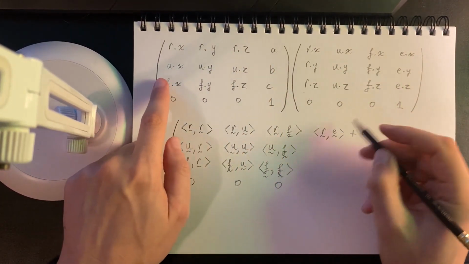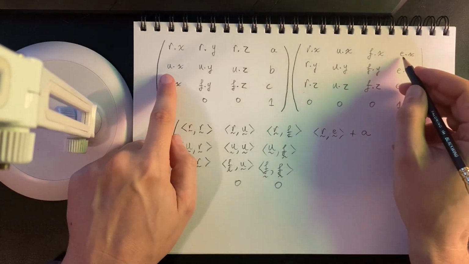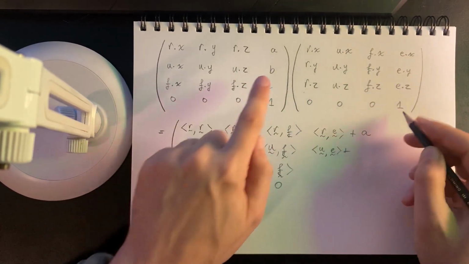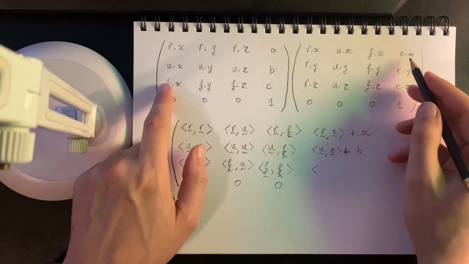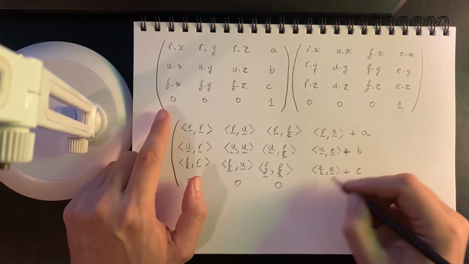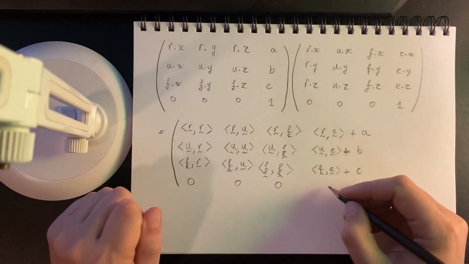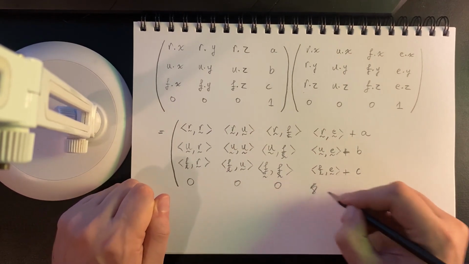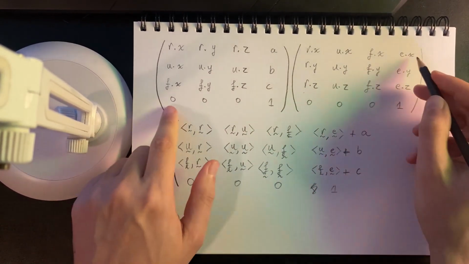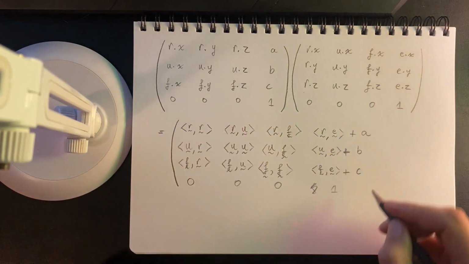And then here we'll have the up vector dot with the I plus b times 1. And then what are we doing right here down at the end? We will have just one. So you have all zeros plus 1 times 1.